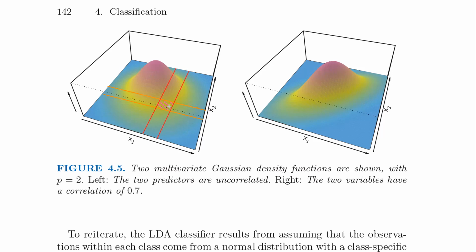And that volume is the probability that x1 takes on a value between those two red lines, and x2 takes a value between those two orange lines. So hopefully this is making sense.